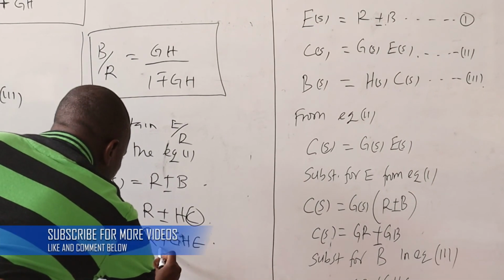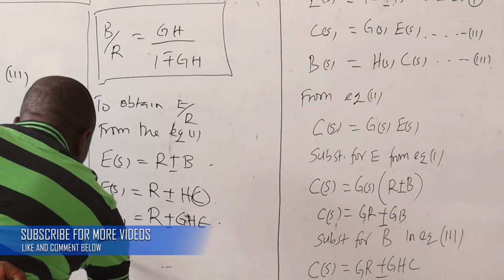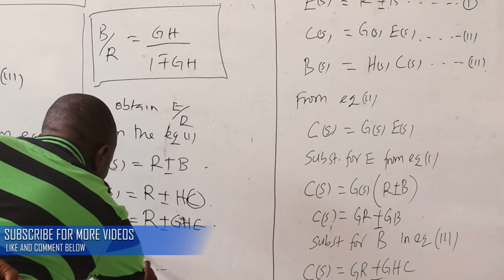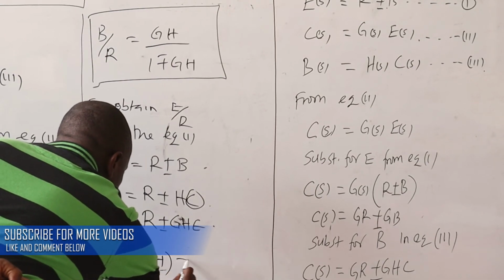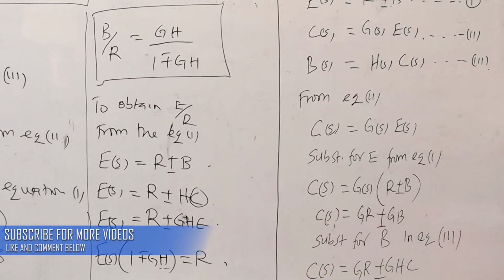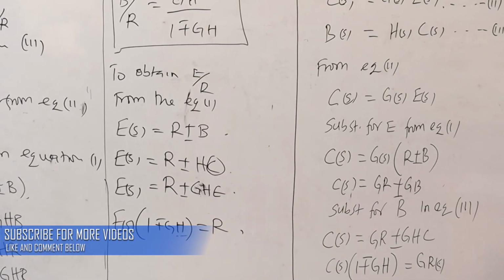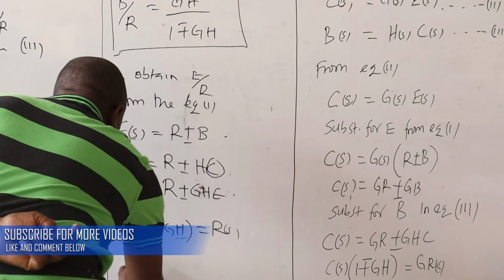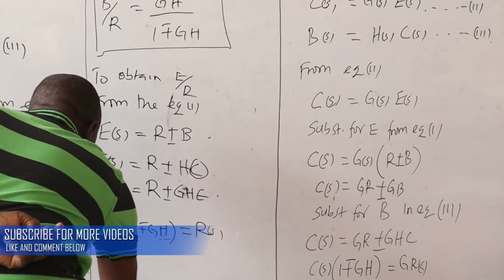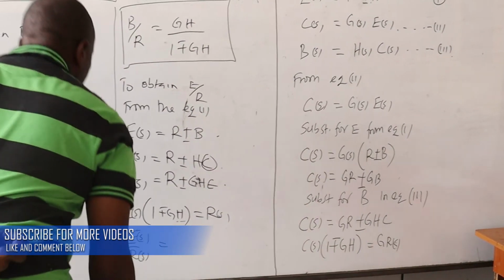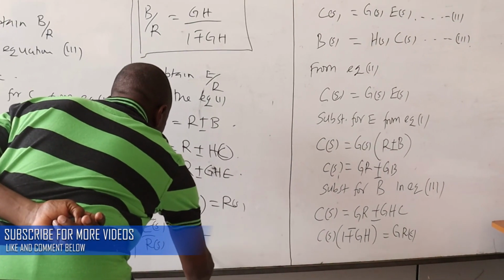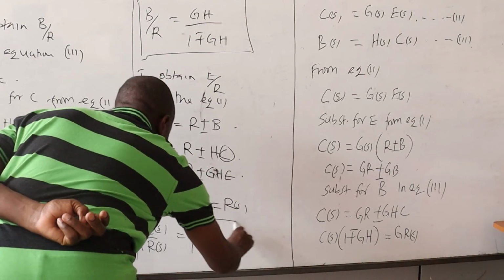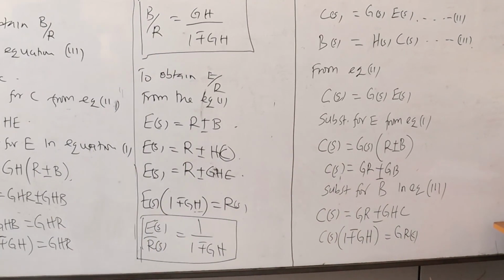So E of S into 1 plus or minus GH is equal to R of S. In that case, E of S all over R of S is going to give us 1 all over 1 plus or minus GH. And that is what we refer to as the error ratio.